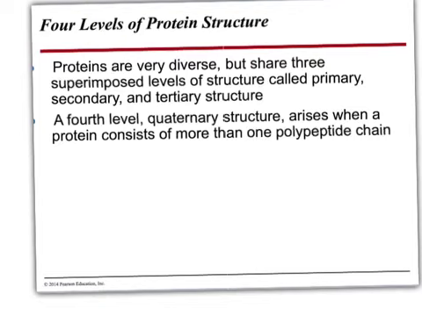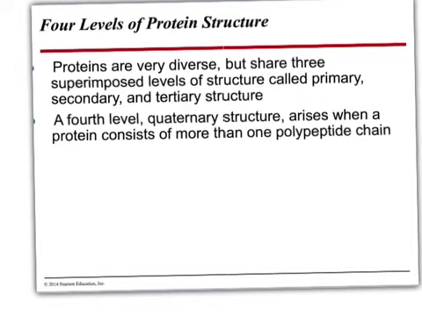Tertiary is now that folded chain folds upon itself to form a globular protein, and that is where a single polypeptide chain ends. Whether or not that is a functional protein depends upon the function of that protein. If the protein does not require other subunits to interact with it, that tertiary structure is the final level of structure for that protein.